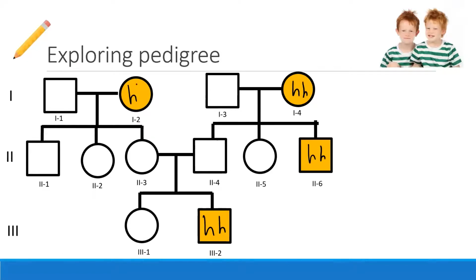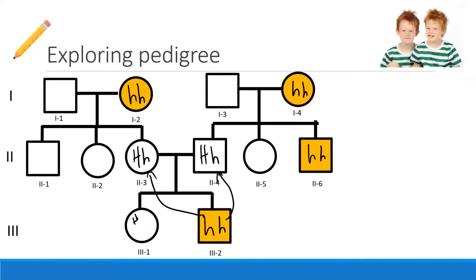They have red hair. Whereas this guy here must be a capital H and a lowercase h, because this person needs to get one of its genes from its mom and one of its genes from its dad. And because we know they haven't got red hair, that means it must be a capital H, because it has to have a dominant gene.